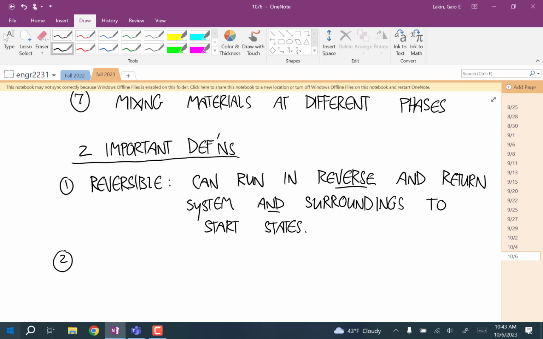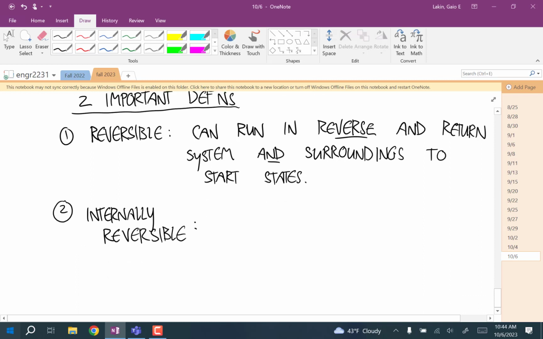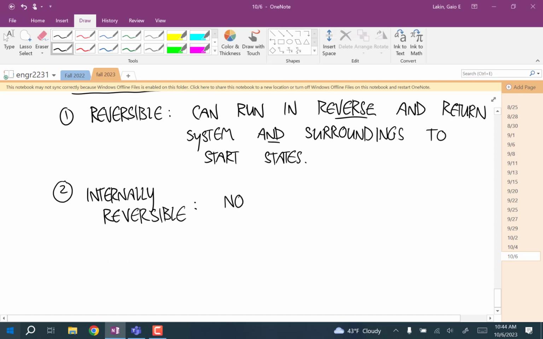There's no guarantee that you can return it to its starting state without changing the surroundings, because we don't know about the surroundings. But this is like a perfectly efficient collection of things in your system. So internally reversible just means none of those 7 types of irreversibilities inside your system.